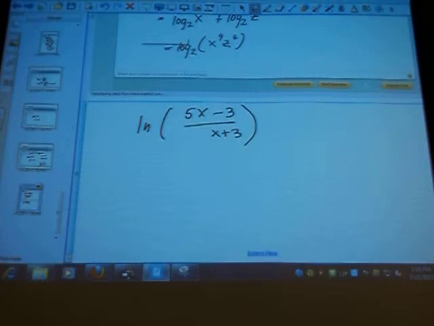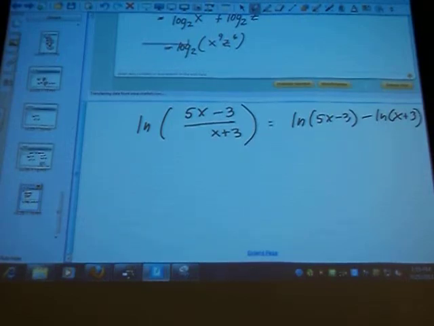This is going the opposite direction. In that case, you're splitting it into two. And since they're divided, I would split it into two that are subtracted. That's what that would look like. That's not too bad at all.